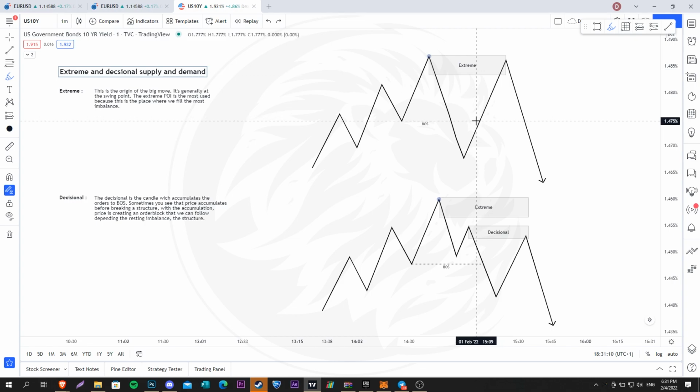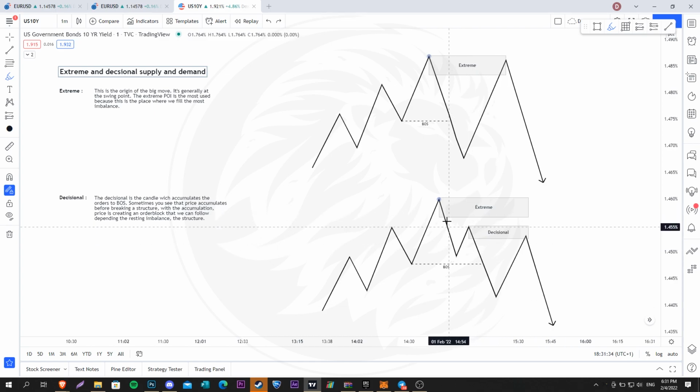Sometimes when the price has taken this imbalance and doesn't need the liquidity to fill this move, price will go down with the decisional, or go up. And you can use this kind of supply when you don't have a lot of resting imbalance.